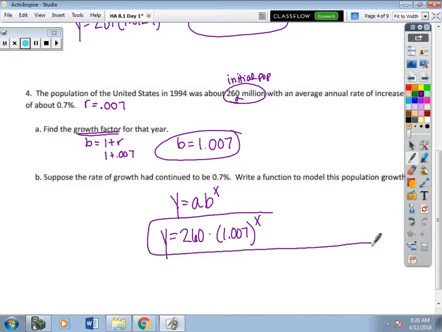Again, we have to define what x is. So x would be the number of years after 1994. So if they asked you to use this to predict something, like say in the year 2015, you would have to take 2015 minus 1994 to figure out what you're plugging in for x. Okay?